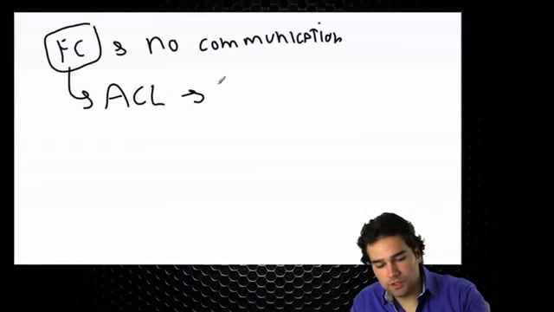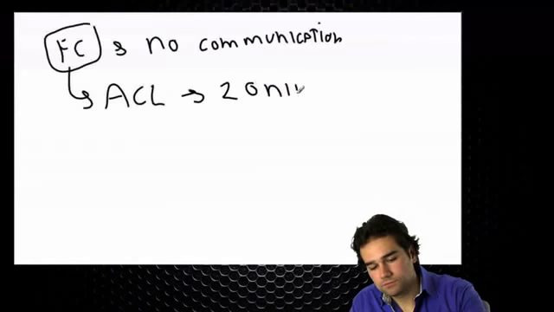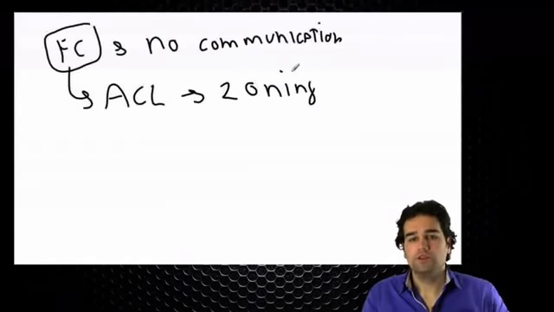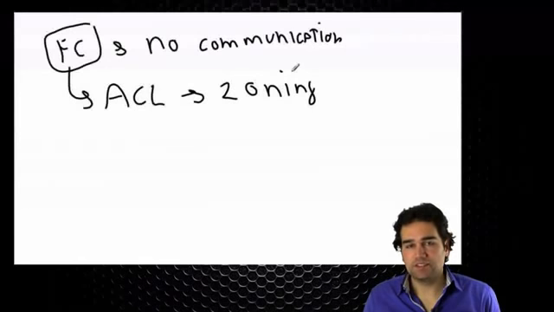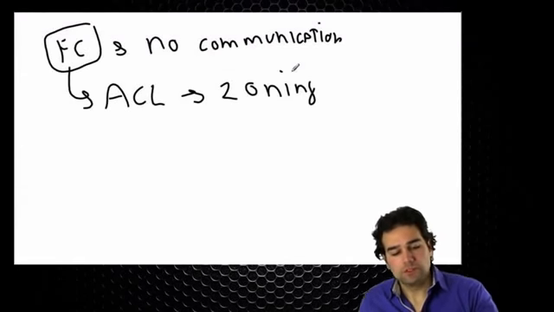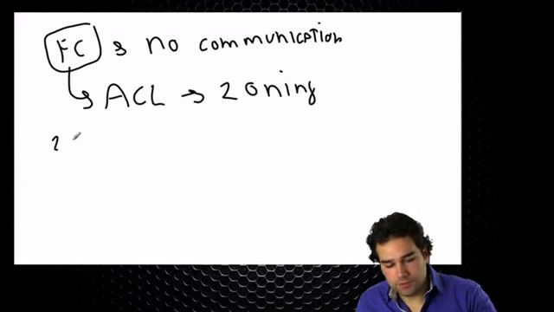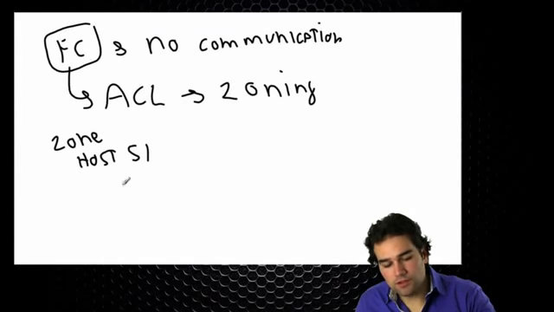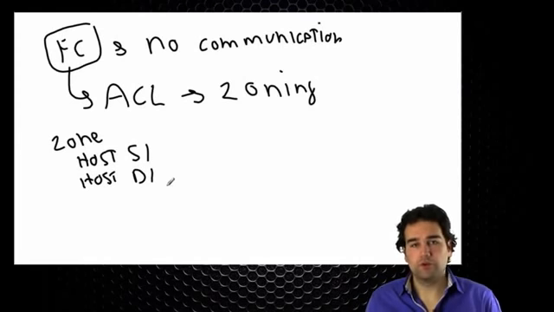This concept is called zoning. Zones are access lists for fiber channel switches. I need to specify in my zone that host server 1 and host disk 1 can talk to each other.